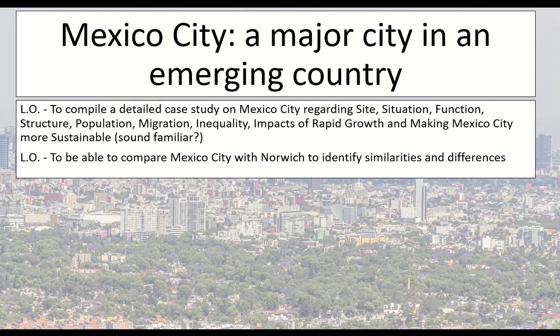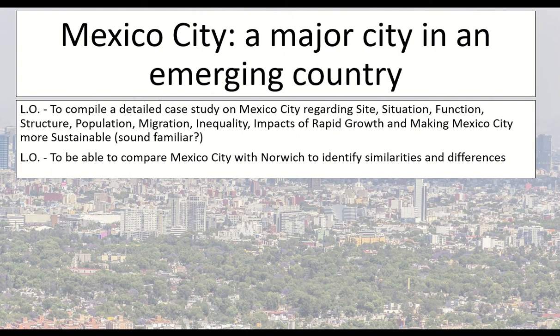There are some key differences between Mexico City and Norwich, mainly because Mexico City is in an emerging country and Norwich is in a developed country. Because of that you will get clear differences in the priorities for making each a more sustainable city, and also in the impacts of rapid growth, because Norwich is not rapidly growing, it's growing very sustainably, very slowly.